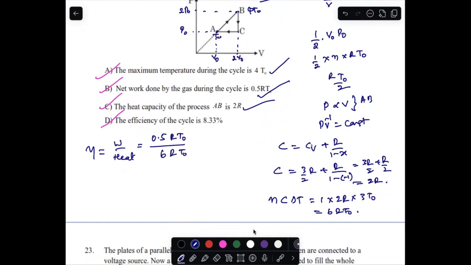So what is efficiency now? 1 by 12, in percentage, 100 by 12. That gives you 8.33 if I am not mistaken. Right. Otherwise, I'm very comfortable with the first three options. Any doubts?